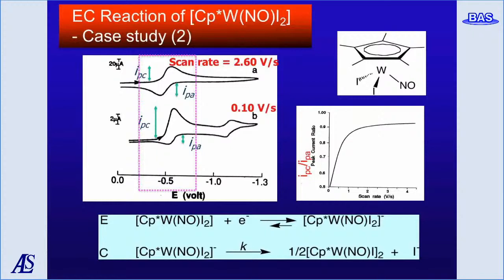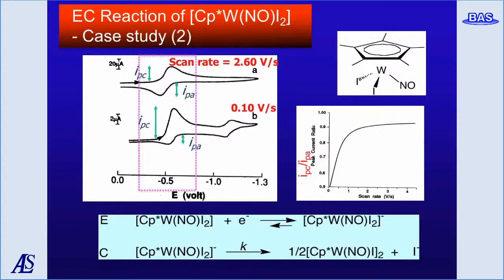When a scan rate of 2.64 volt per second was used, the first cathodic peak showed a clear anodic peak, indicating reversible reduction, and the second cathodic peak disappeared.